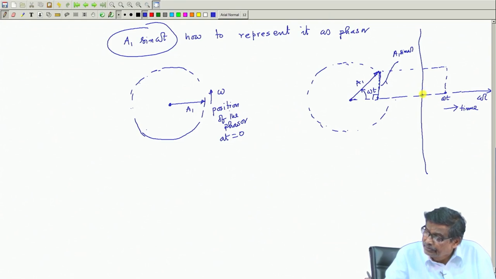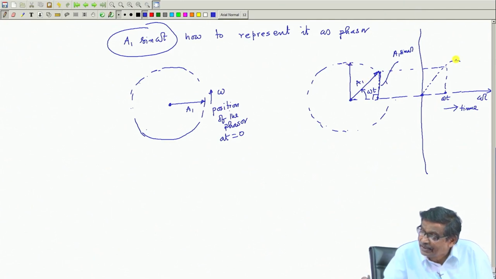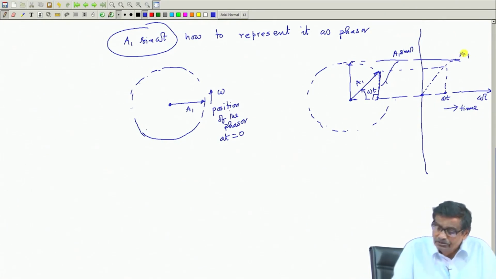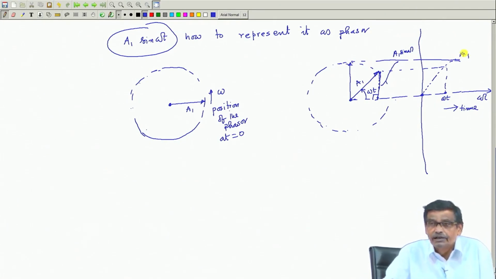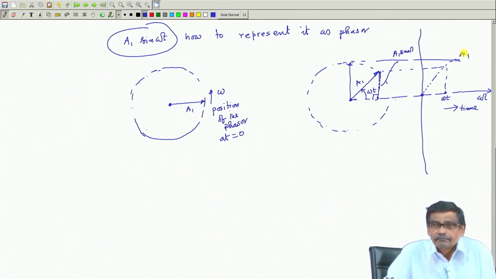So, you will generate this sine wave. After some time, it will come here. Then, when it is vertical like this, you will get the peak value. Got the point? So, the relationship of the instantaneous value and representing it by a phasor with constant length A1 has a 1-to-1 correspondence. Got the point? Therefore, I will draw like this.